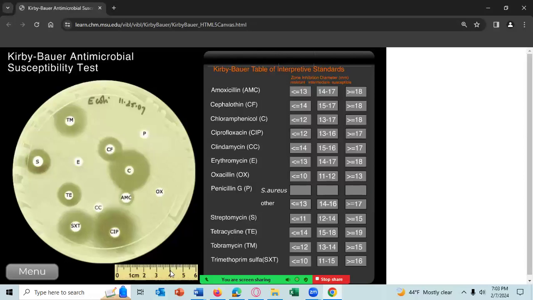And then you take the little ruler to measure the diameter. That looks like the diameter is about 18 millimeters for streptomycin. Come on over here. If 18 is greater than 15, you select that. If it's green, it means you got the right answer.